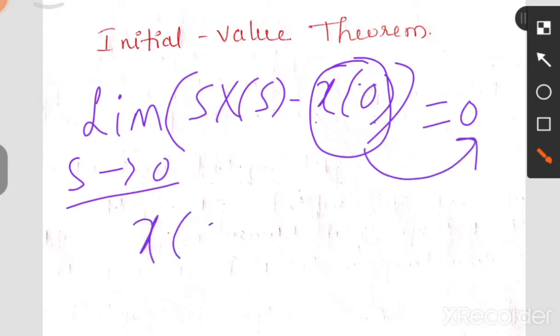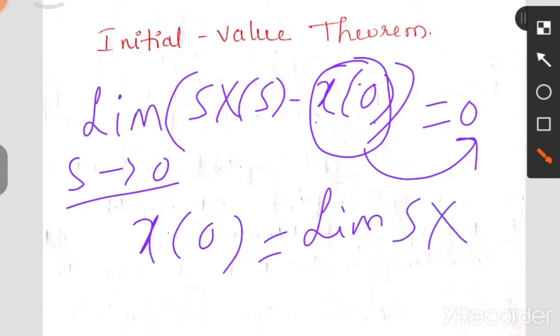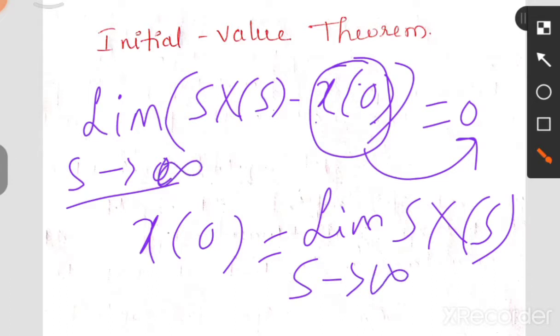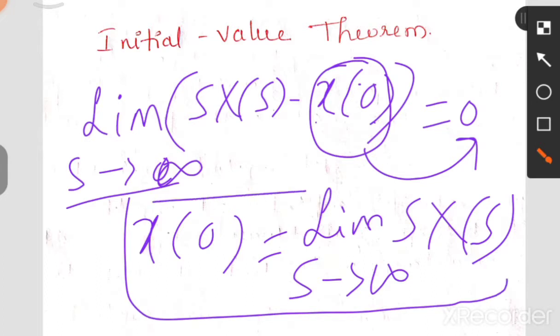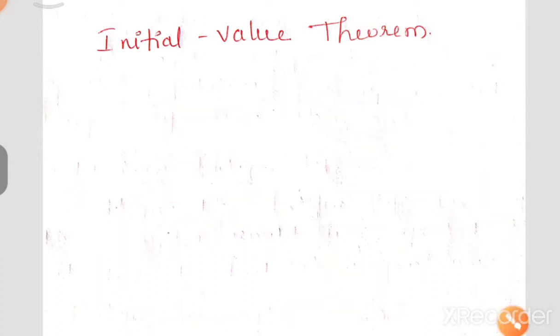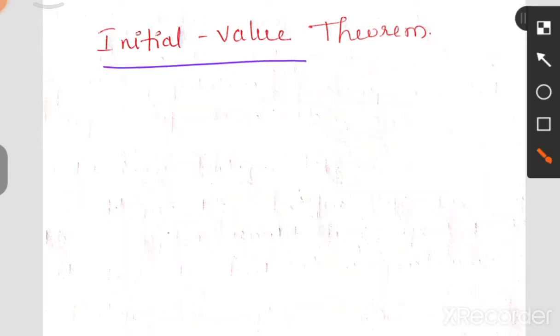Therefore, we can write x of 0 will be equal to the limit of s into X of s, where s tends to infinity. So this is the initial value theorem. You remember, to find the initial value, we have to substitute s tends to infinity in the system.